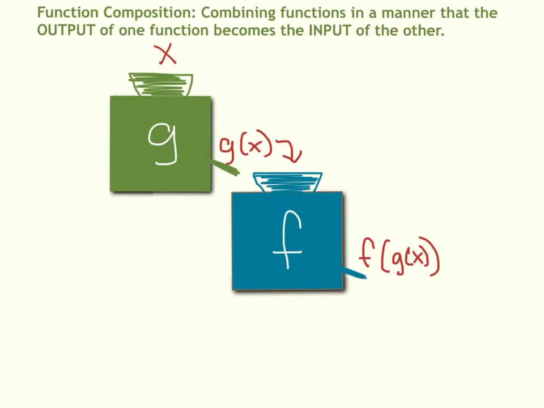So, again, this is read as f of g of x. Another way I can write that is with this fog thing. F of g, and then today we'll do of x.